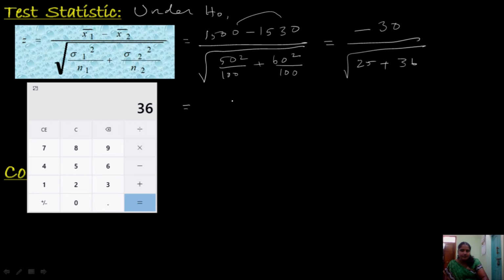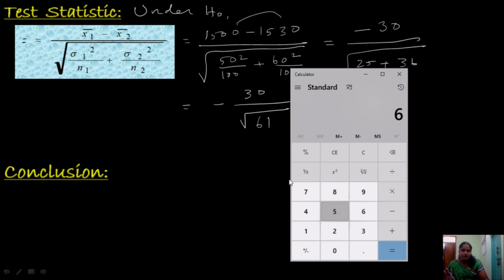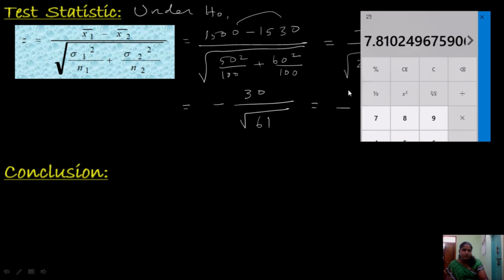Adding, 36 plus 25 is 61. So 30 over square root of 61, which is 7.810, so up to 2 decimal places, 7.81.